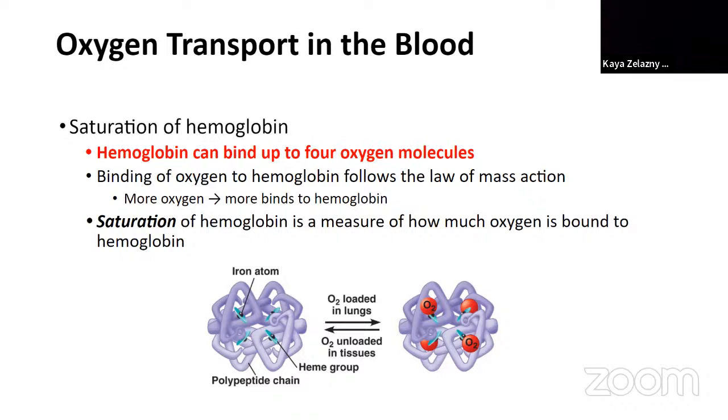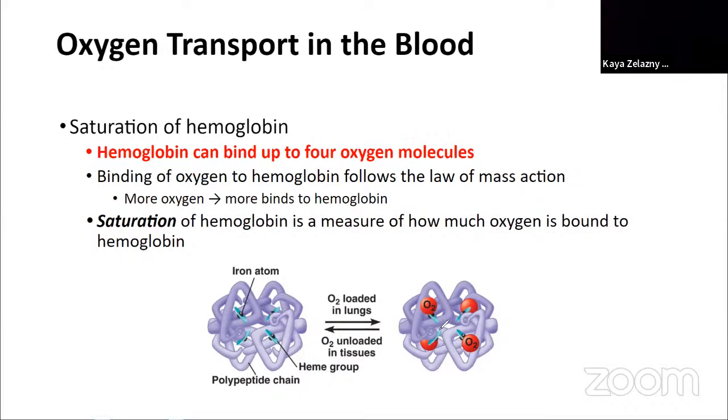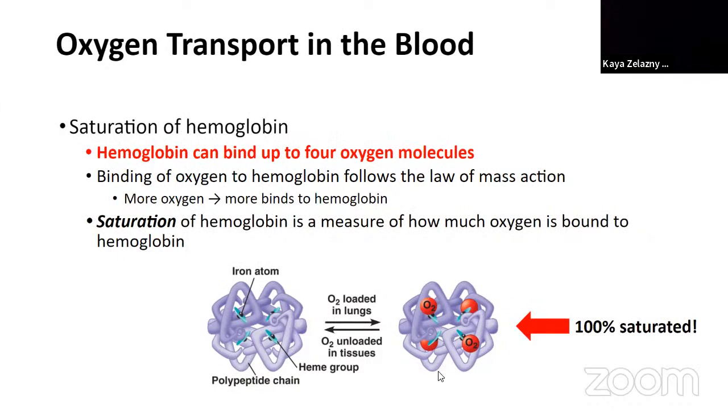When we talk about that saturation, we're basically going to be talking about how much of the hemoglobin has all 4. Sometimes we're going to see we're only filling up 3 of these spaces and so on. This one with the 4 oxygen molecules on here is 100% saturated. This one on the left has no oxygen bound to it. So this is what we would see after we unload oxygen in the tissue.